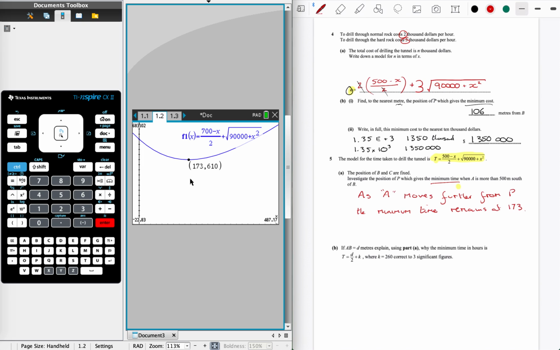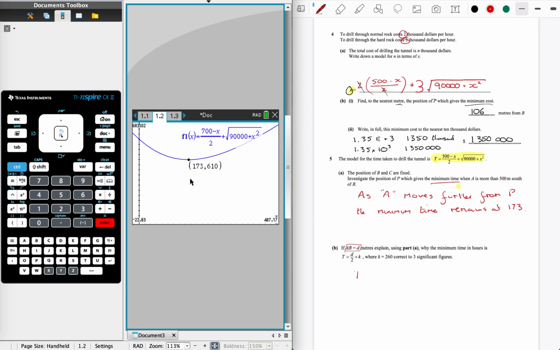First thing, if AB is equal to D, we've just changed AB a lot of times. I changed it from 500, so this value here. I changed it on my GDC from 500, 550, 600, 700. So now it's going to be in terms of D. So let's just write that out.